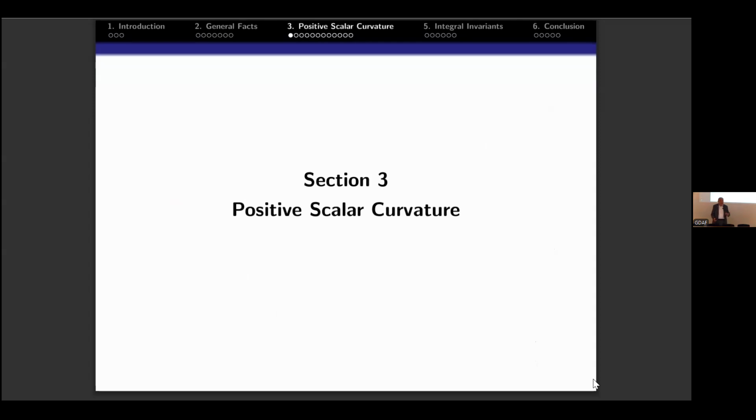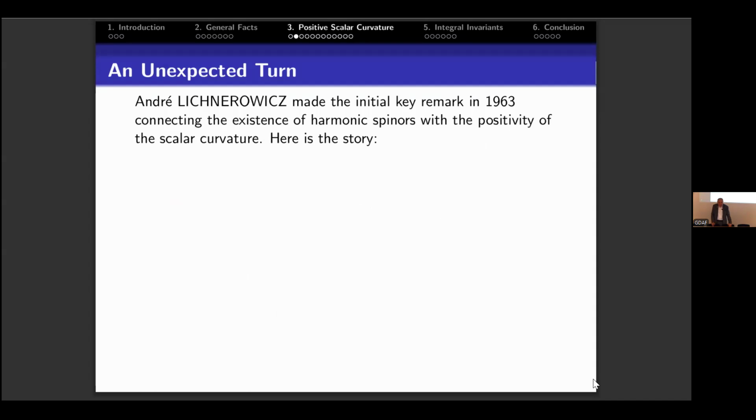So I'm coming to this category, which looks like a very special category of manifolds admitting metrics with positive scalar curvature. And actually, there was a very critical remark which came out of the blue by Andre Lichnerowicz, 1963. Actually, Singer also had this in his drawer, but didn't publish it. So it's the following one, which uses harmonic spinors, and I'm going to explain what this is, connected with positivity of the scalar curvature.